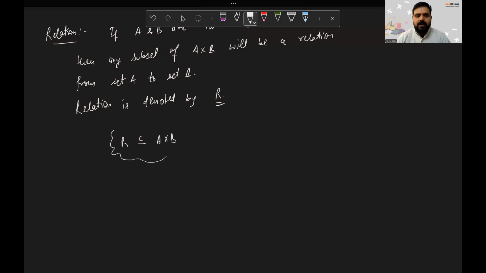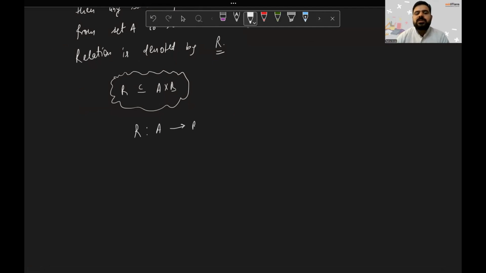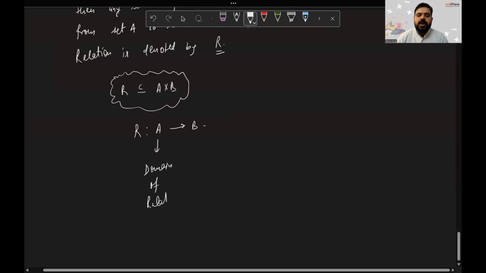So this is very important for us to understand, like how exactly do we define the relation from set A to set B, right? And another way of writing is the relation R is from set A to set B. The first set whose elements are mapped, this we call as domain of the relation.